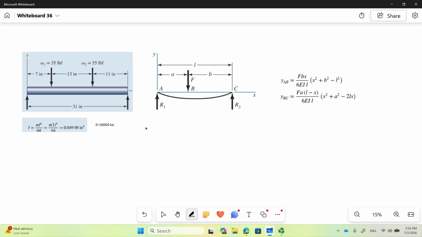So 6 times E I L. I want to calculate it because that's repeated. So 6 times 30,000 psi times the I, which is 0.04909, and then I have L, which is 31. So let's calculate this guy, see how much that is.